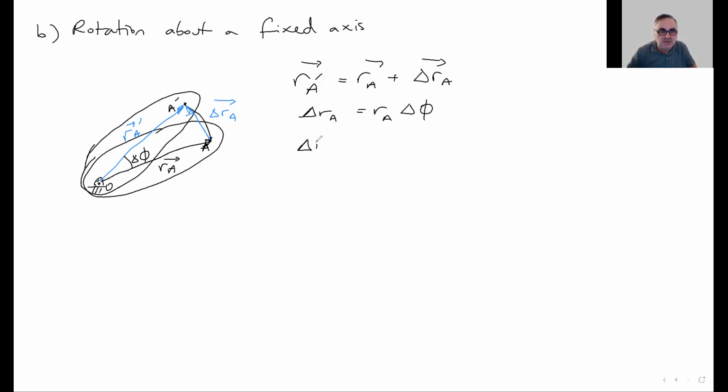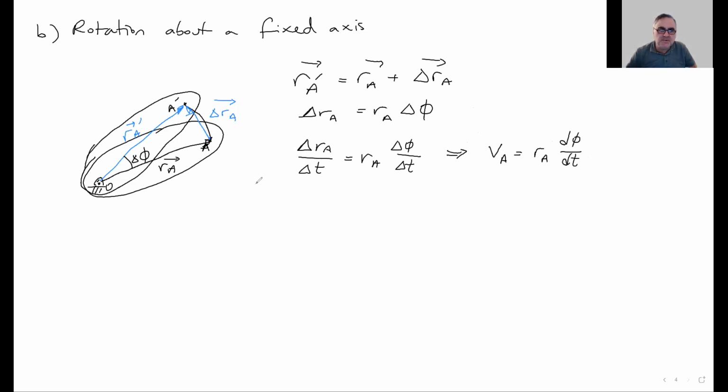So delta RA over delta t is equal to RA delta phi. And when you let delta t go to 0, you have, well, VA equals RA phi dot.